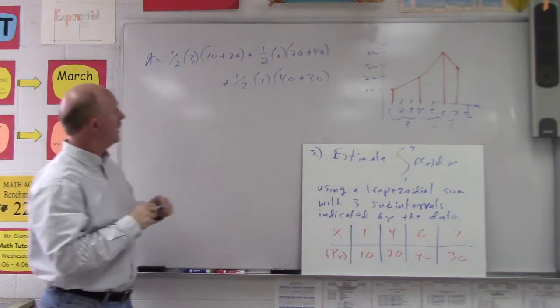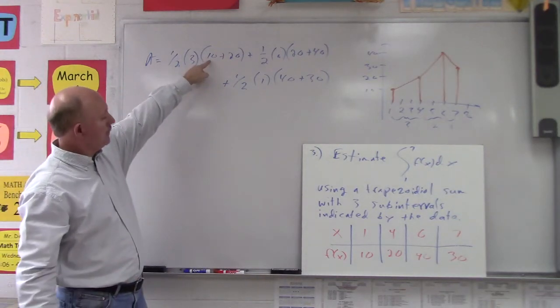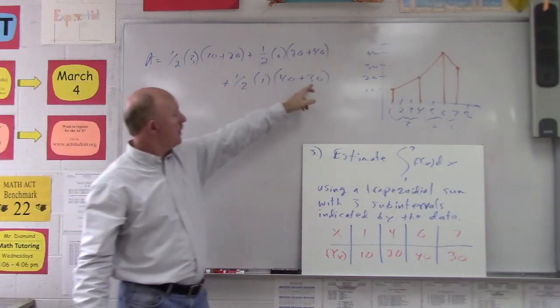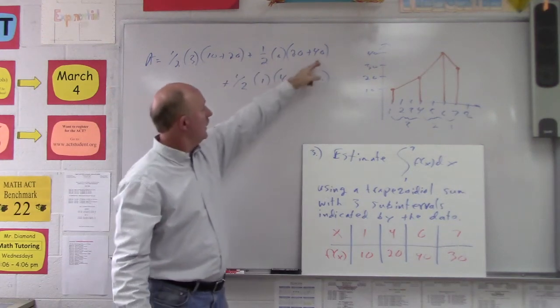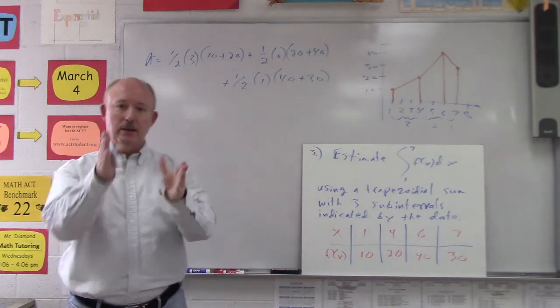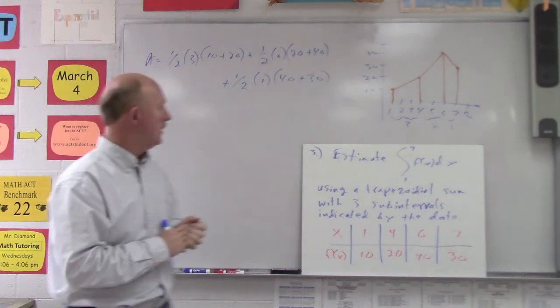Now, you'll notice that the 10 is only used one time, the 30 is only used one time, but the 20, you see 2 20s and 2 40s in there, right? So you have two shared sides there.